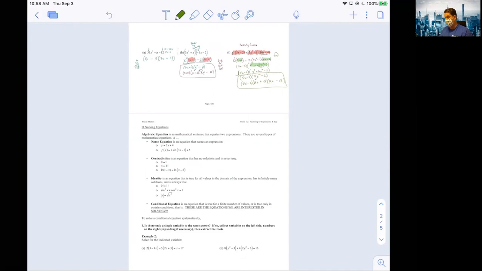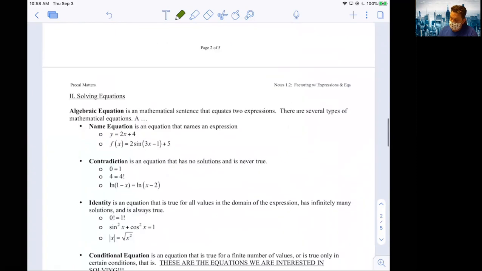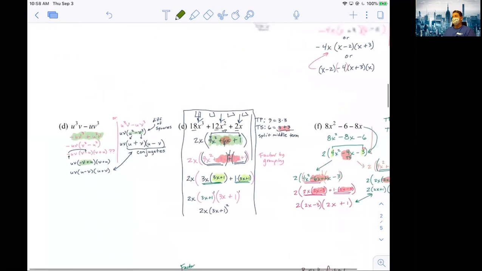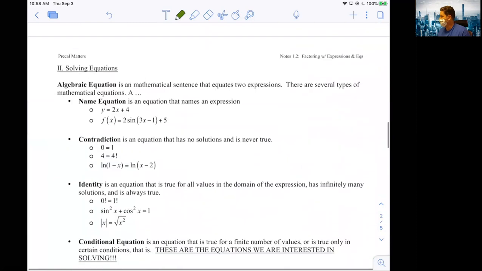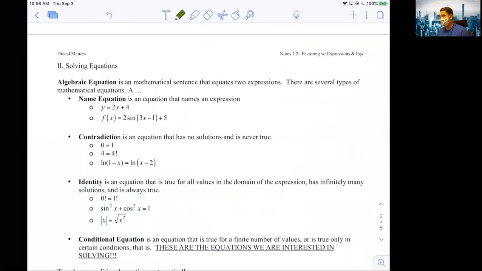The homework multiple choice, the homework short answer, and then the other quiz. If you've submitted all of those, feel free to jump in and start doing 1.2. Now, I would say do the multiple choice from 1.2 first, because the short answer from 1.2 gets into solving equations, which is where we're stopping today. But you should be able to do the multiple choice. There's a lot of simplifying expressions, okay?